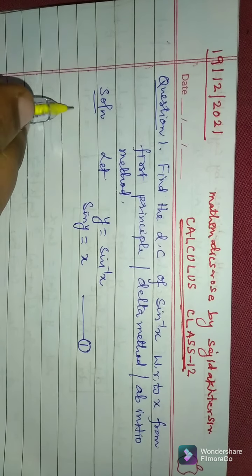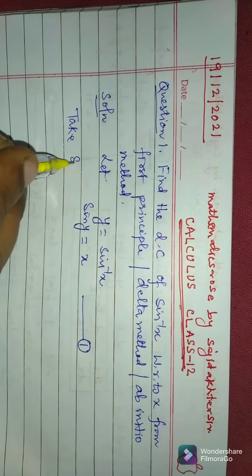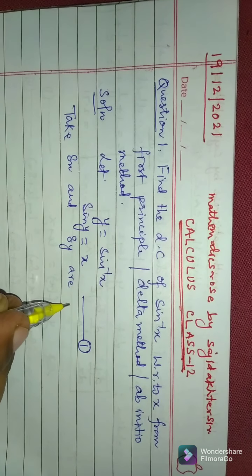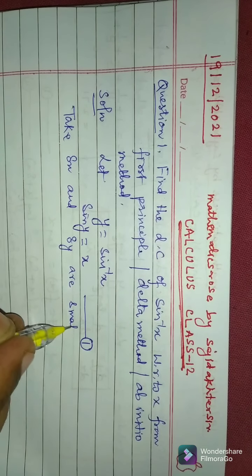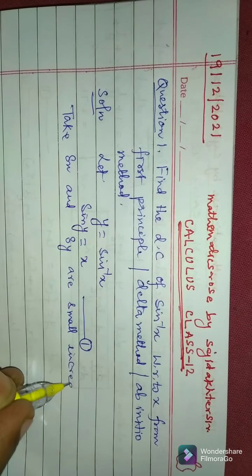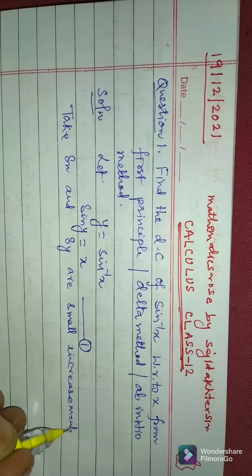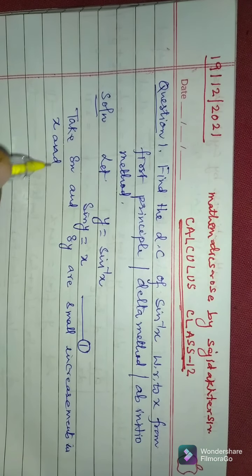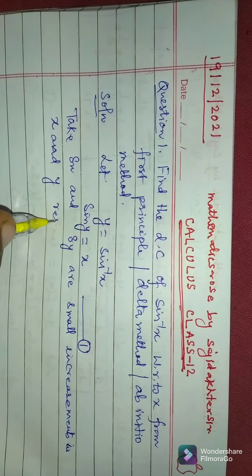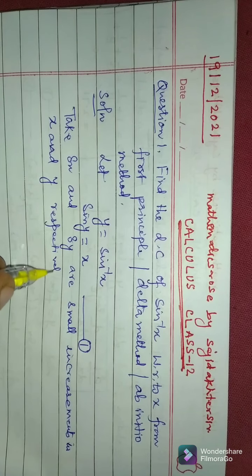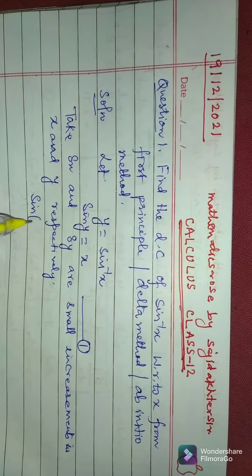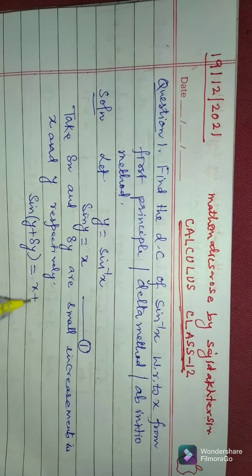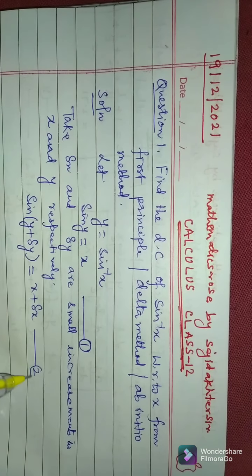Taking delta x and delta y as small increments in x and y respectively, sine y can be written as sine of y plus delta y is equal to, in place of x we will write x plus delta x. This is taken as equation number 2.